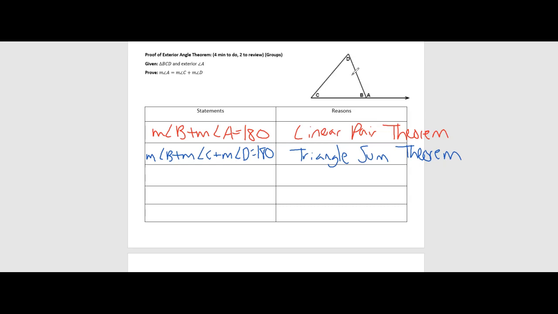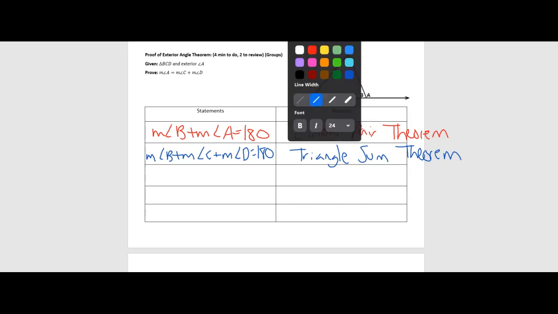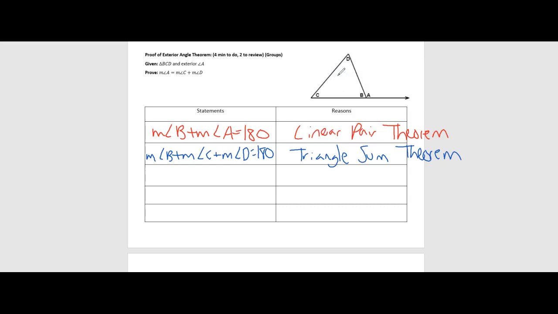So even if you're not sure where to go, right, you could try the transitive property. Both sets of angles are equal to 180, so why not set them equal to each other? Measurement of angle B plus the measurement of angle A is equal to the measurement of angle B plus the measurement of angle C plus the measurement of angle D. Transitive property of equality, or the transitive POE.